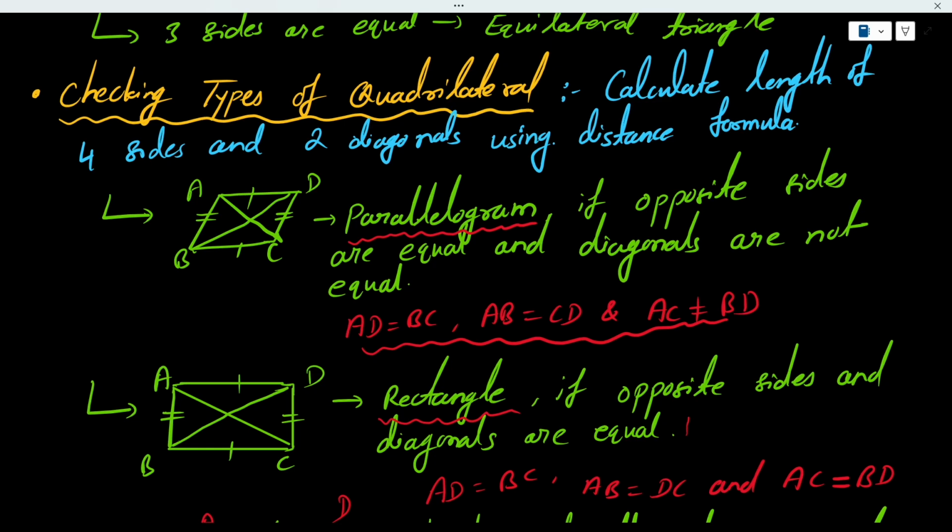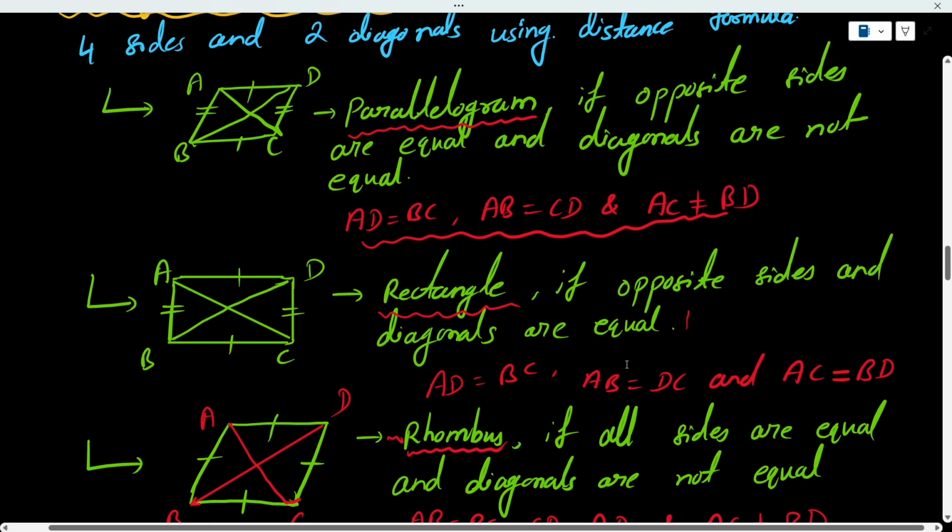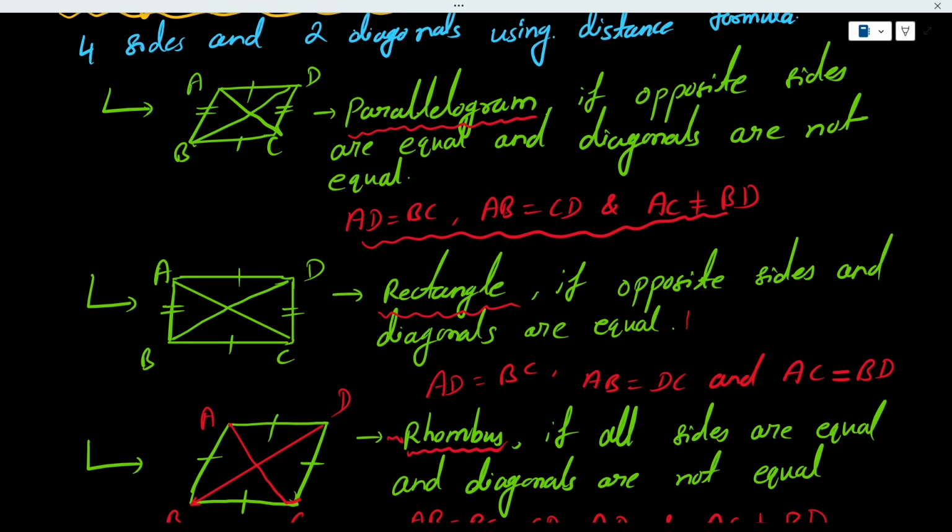Now you know the properties of different specific types of quadrilateral. If it is a parallelogram, then the opposite sides are equal. So AD should be equal to BC, and AB should be equal to CD, and the diagonals of a parallelogram are not equal. Now the same thing you will do for all the quadrilaterals. Next, the quadrilateral will be a rectangle if the opposite sides are equal.